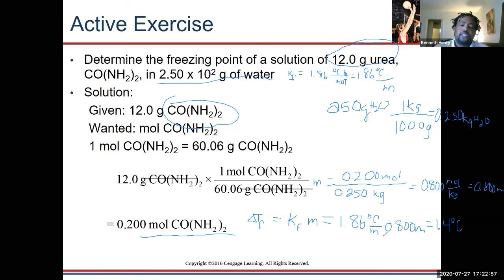Okay, so that represents the change in temperature. So if I say my TF1, which would be 0 degrees, minus my TF2 is going to equal 1.4 degrees Celsius. We know that water normally freezes at 0 degrees.